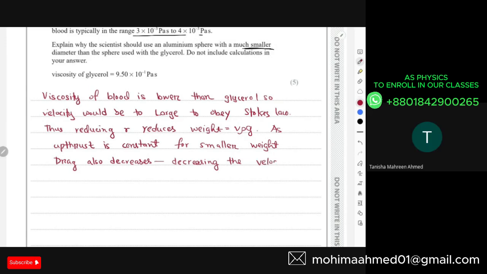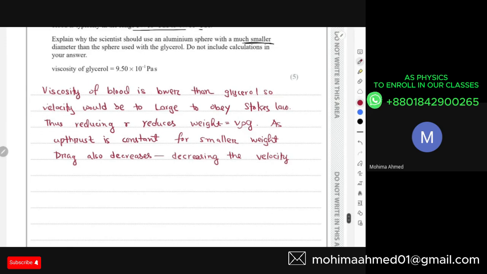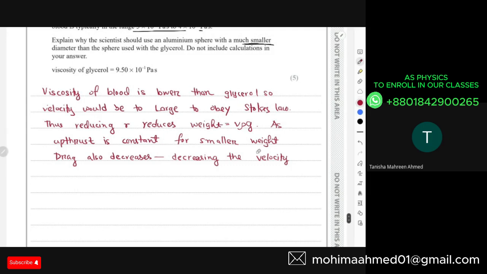Miss, 1 minute, please. Drag also decreases the velocity. Yes, Tanisha, you can see. Are drag and upthrust acting in the same direction? Yes.